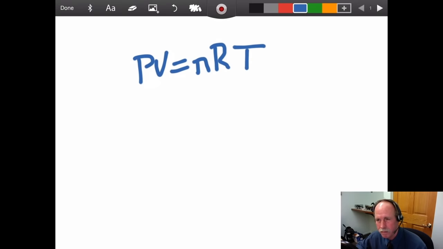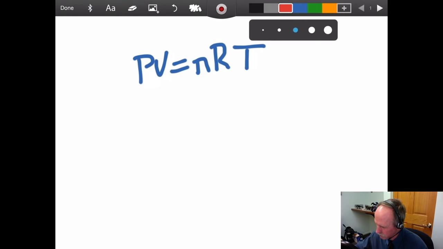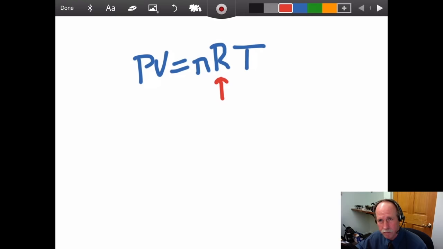So, here we go. PV equals nRT. Now, we know that R is a constant, and generally, the amount of gas is held constant. You don't add matter to the system. We're looking primarily at the changes that are caused by changes in pressure, volume, and temperature.